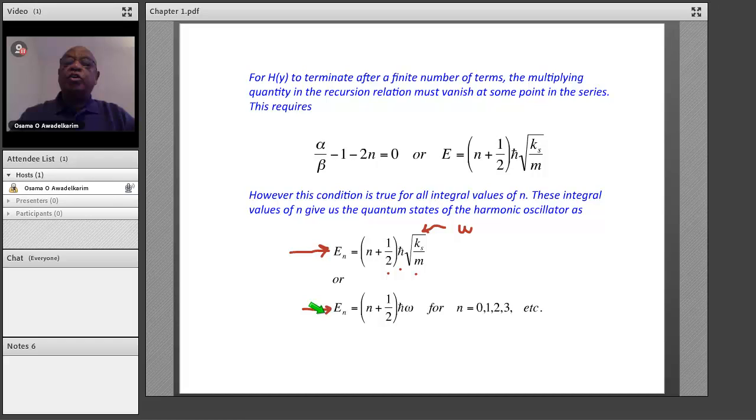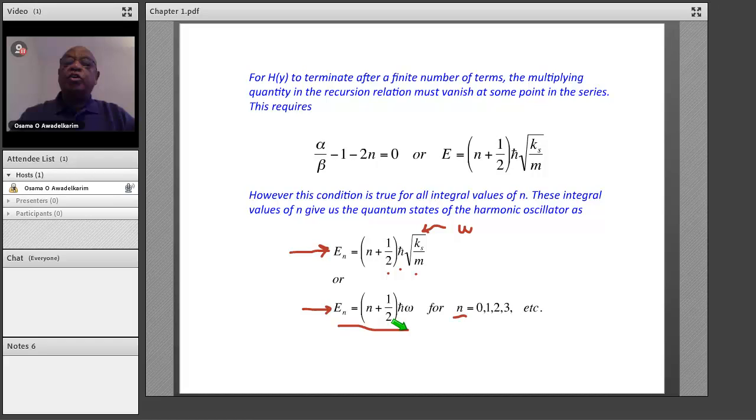These values depend on a quantum number n, which takes the values 0, 1, 2, 3, 4, 5, etc. So each one of these is a quantum energy state, and the energy is quantized.